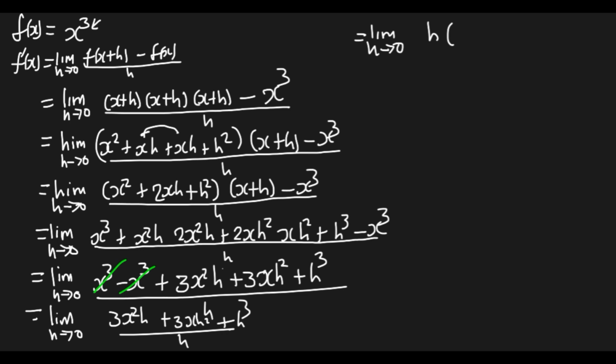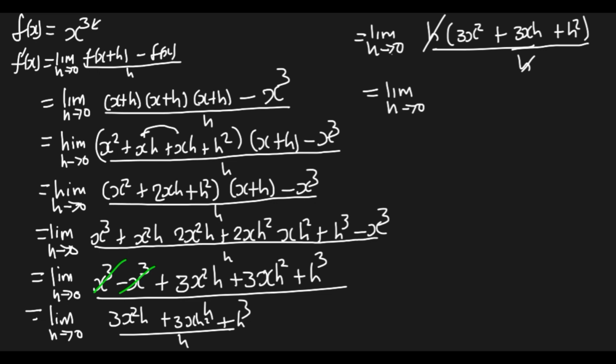So if we divide h into 3x squared, h is just 3x squared, plus h into 3xh squared is just 3xh. H into h cubed is just h squared over h. So we can cancel this. Then we have limit as h approaches 0, 3x squared plus 3xh plus h squared.